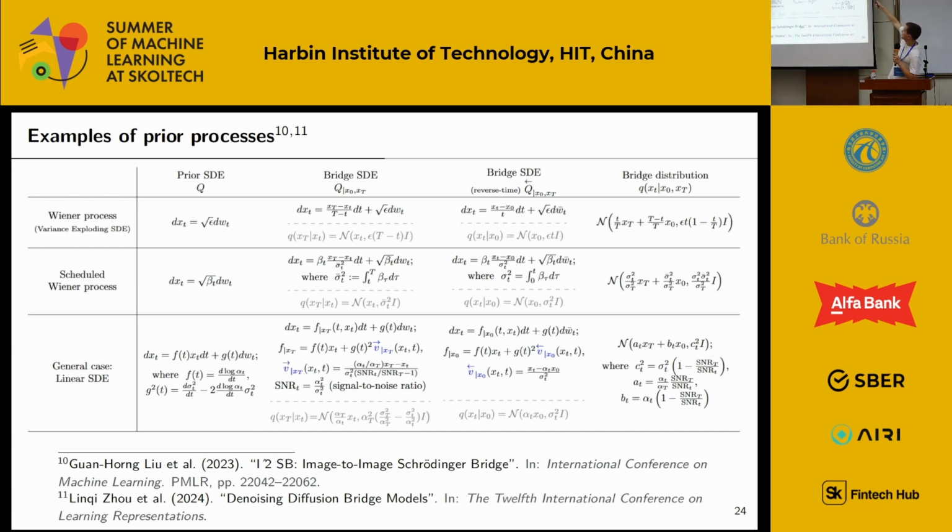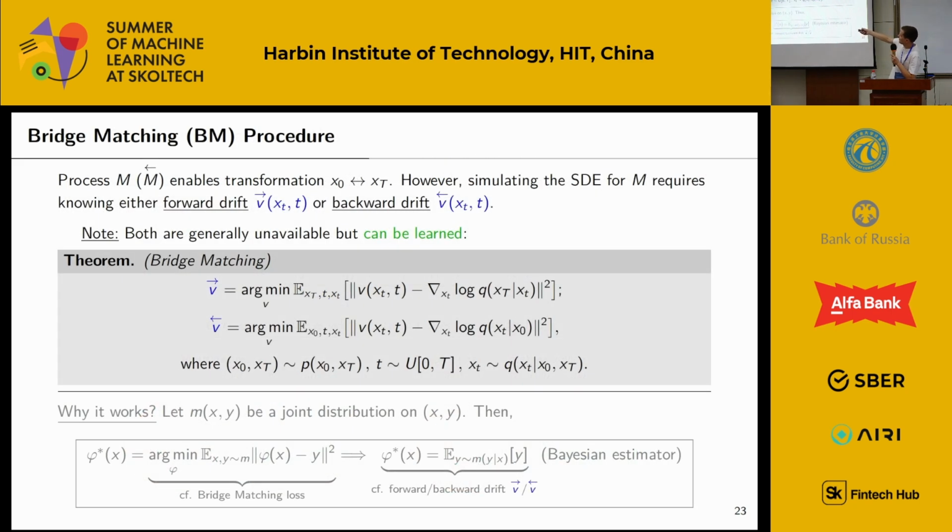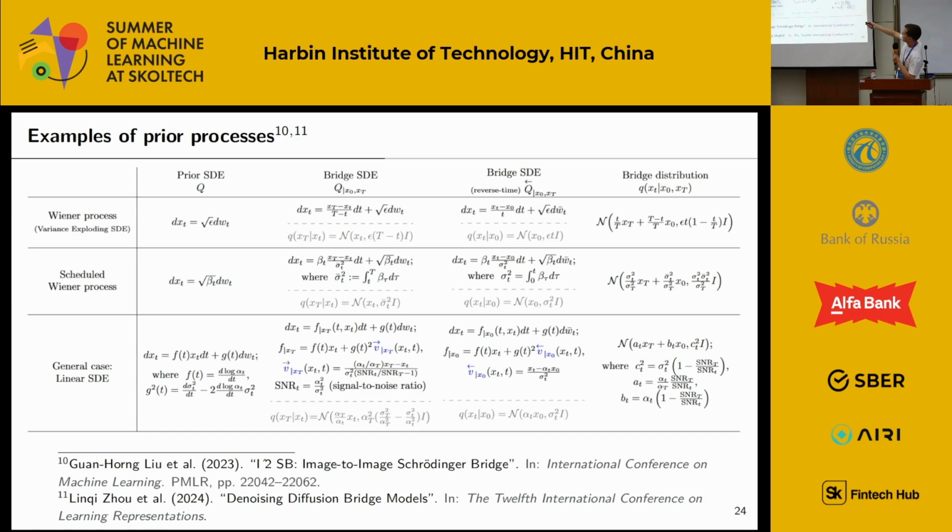And the bridge distribution, basically how to sample an intermediate point given the endpoint, is of course also analytically known. So all this stuff needed for bridge matching, basically how to sample from this expectation and how to compute this, is known. There are some closed formulas which you can just use in your practice.